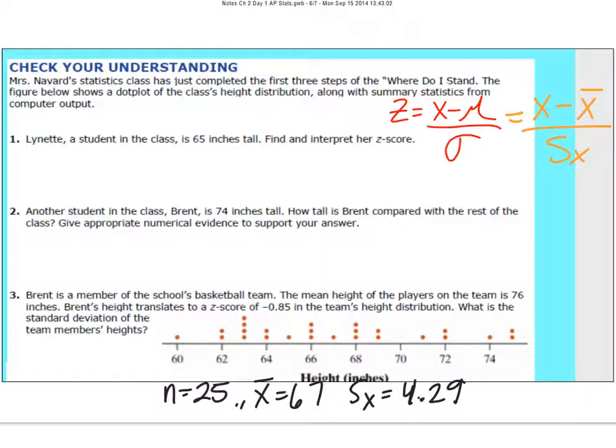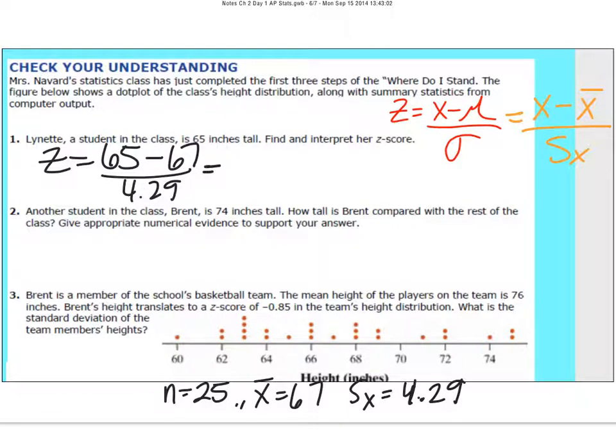Now, if they want us to find, Lynette, a student who's in the class, is 65 inches tall, find and interpret her z-score. So it's very easy to compute a z-score. Again, we're just going to take the piece of data, in this case 65 inches. The class average was 67. And then I'm going to divide it by 4.29. Go ahead and get your calculator out on that. Remember to do this calculation first, then divide by 4.29.